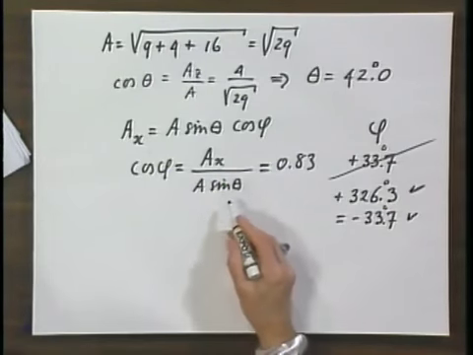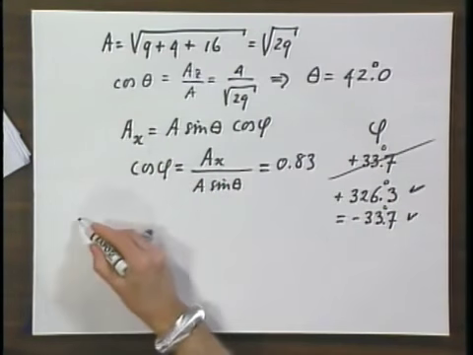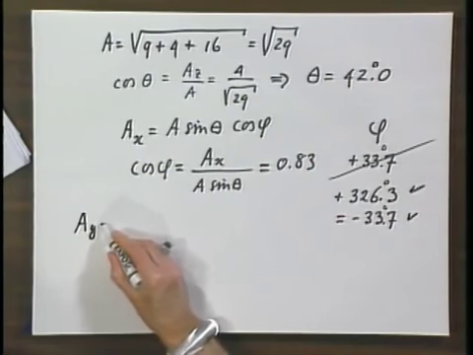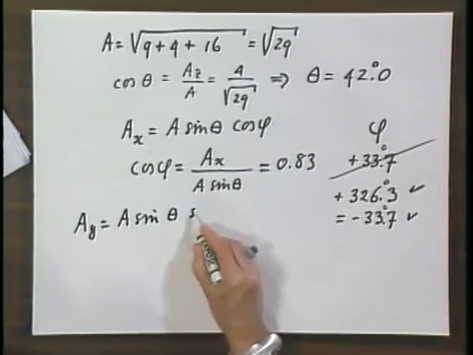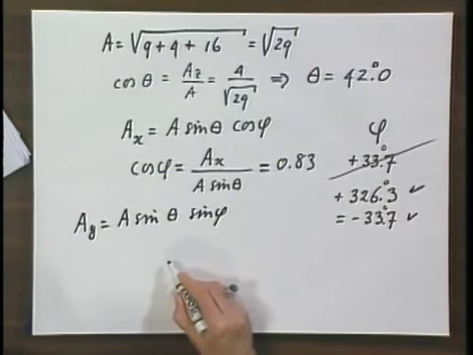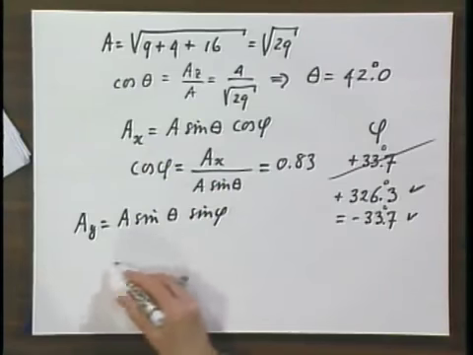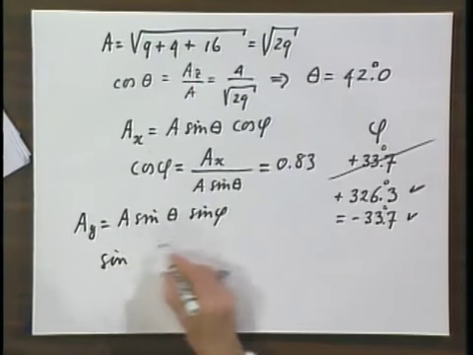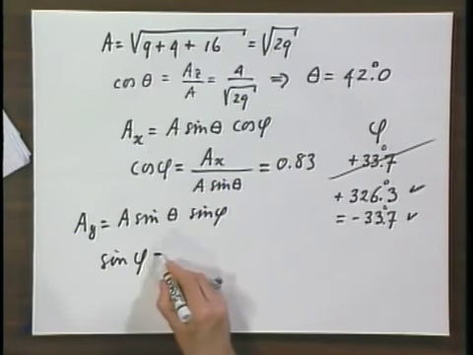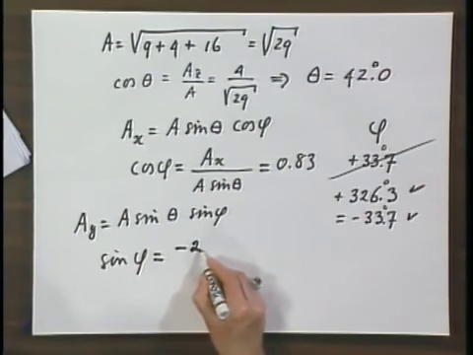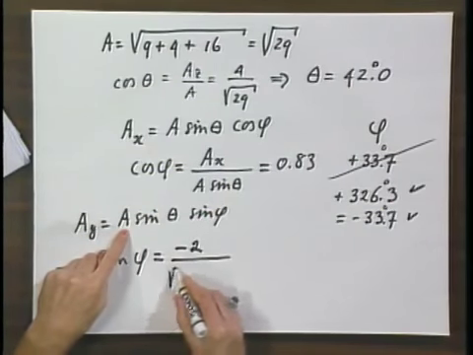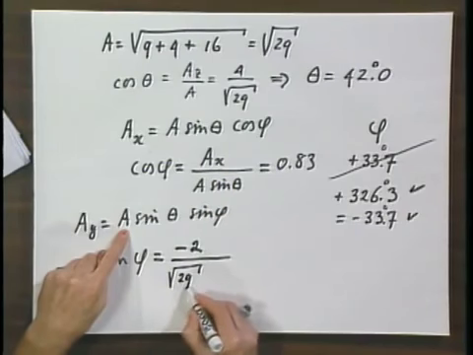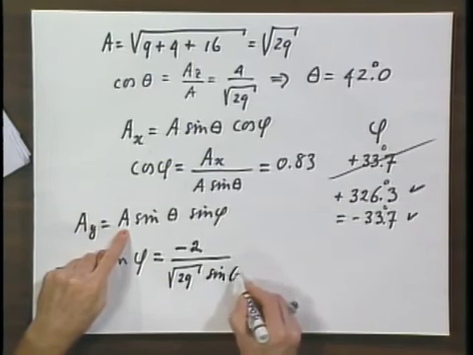If you wanted to find phi using the equation A of y equals A times the sine of theta times the sine of phi, then you could do that too, of course. And you better get the same result. The sine of phi would then be minus 2, which is A of y, divided by A itself, which is the square root of 29, divided by the sine of theta.